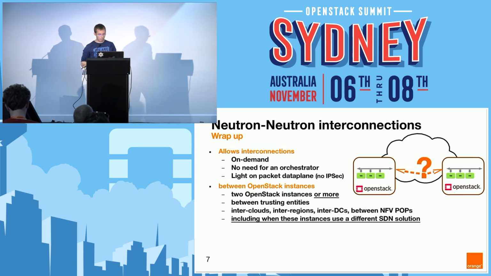The technical aspects generalize easily to more than one OpenStack instance, but only between trusting entities, as I explained. So this applies to inter-cloud context or inter-region, inter-DC, and it's also very interesting in the context of NFV, where you very often have multiple points of presence for NFV platforms that are involved in the context of one telecom operator.